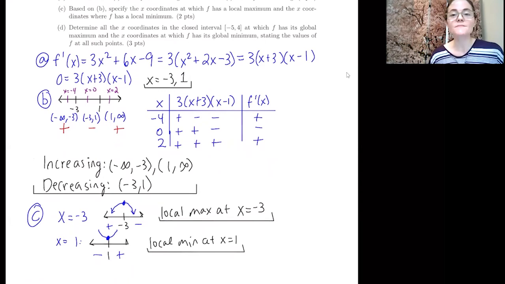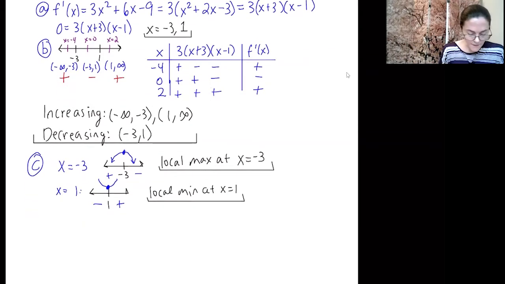Now, the last one, closed interval. Remember, when we are on a closed interval, all of a sudden, the endpoints are now critical points because technically the derivative is not defined at the endpoints.